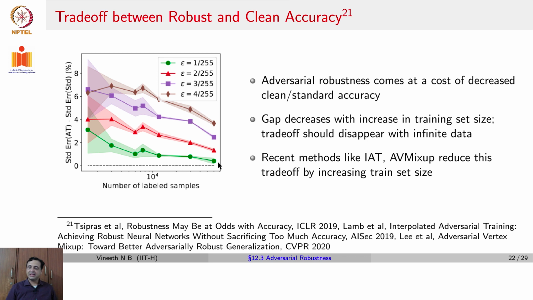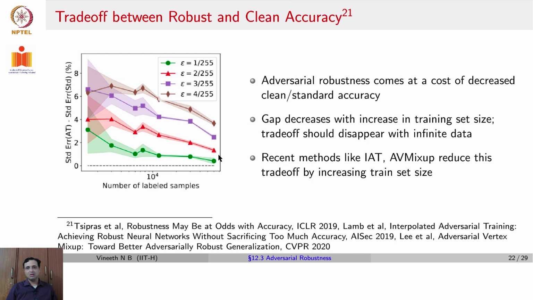So more recent methods such as interpolated adversarial training or adversarial vertex mixup try to reduce this trade-off by increasing the train set size using interpolations between your standard data and an adversarial sample.